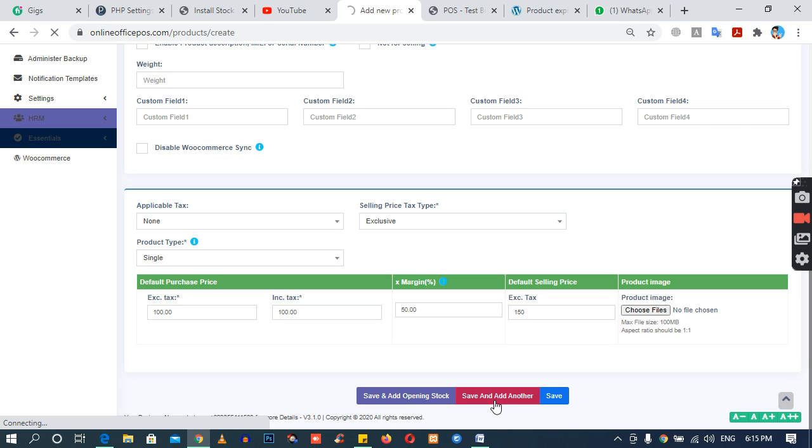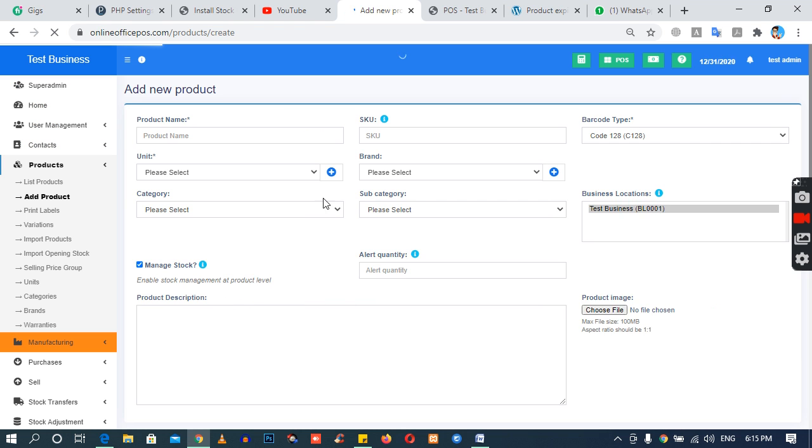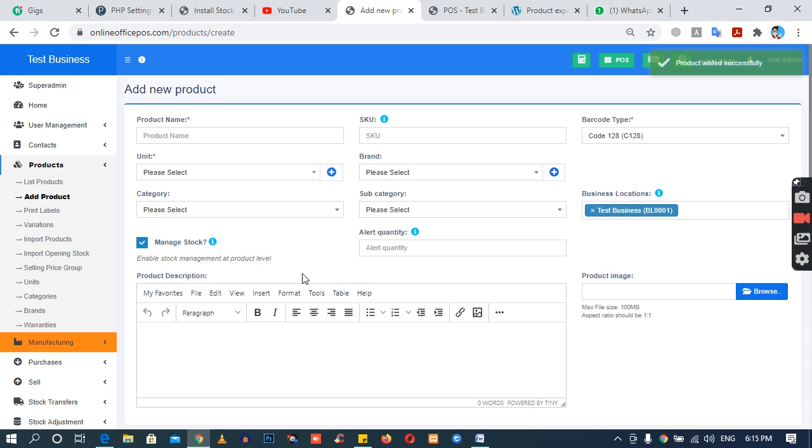Add one more product. It is just an example. I am just telling you an example. The RAM is used for selling purposes, so I left it open.